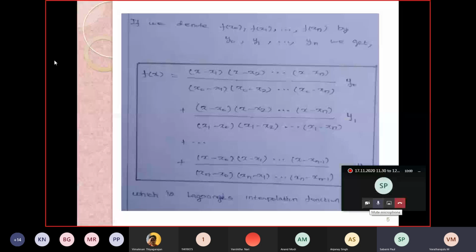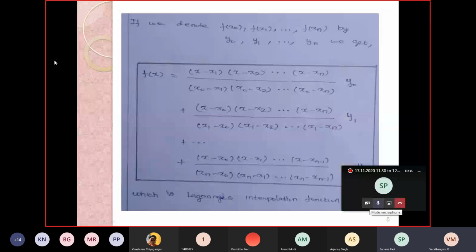Okay. Now suggest some keys to remember this formula, Savarni. So with every addition, the y value will change, from y0 to y1 to y2, that way. Basically we can make the formula in a way that x minus xi, divided by xi minus xj, into yi.